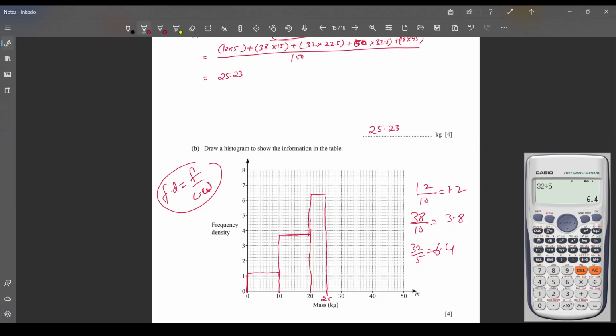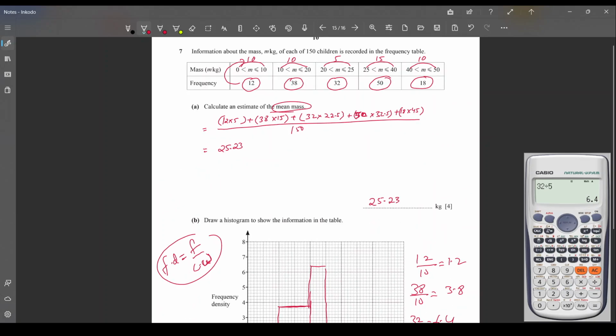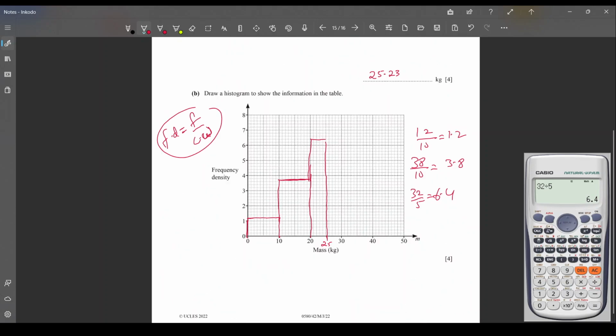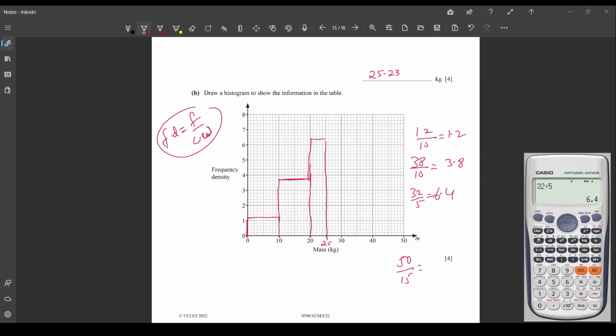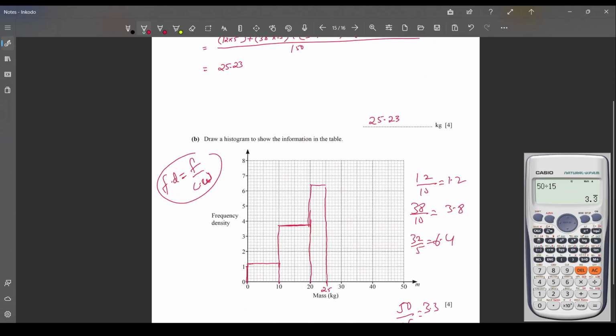25 is here, 6.4, and for 25 to 40 we have 50 divided by 15. So if I divide 50 by 15, I get the answer as 3.3. So 3.3 I have to draw between the class interval 25 to 40.